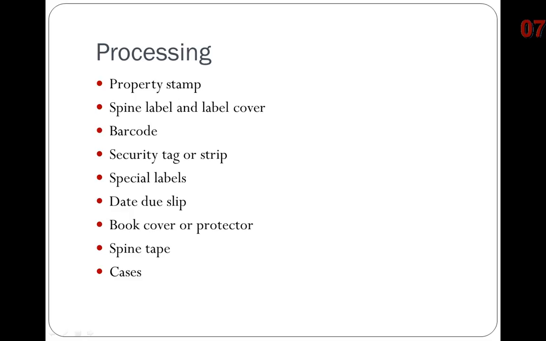The next elements in processing library materials can be optional, depending on what you do in your library and what your needs are. The security tag or strip is useful, of course, only if your library has a security system. The security strip keeps people from accidentally or intentionally walking out of the library without checking out the resource.